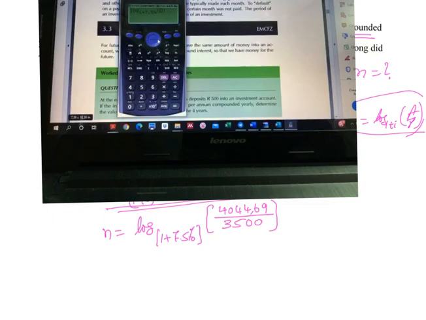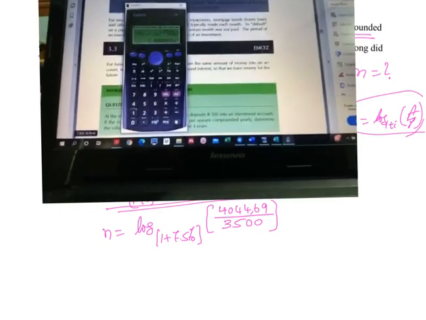I first press the base. Now of, you can see there is A over P, that is 4,044.69 divided by P, and my P is 3,500. So I use my calculator and I got the answer as 2.